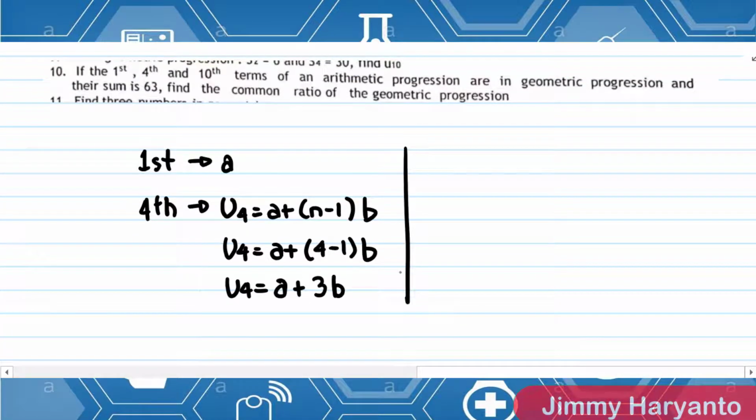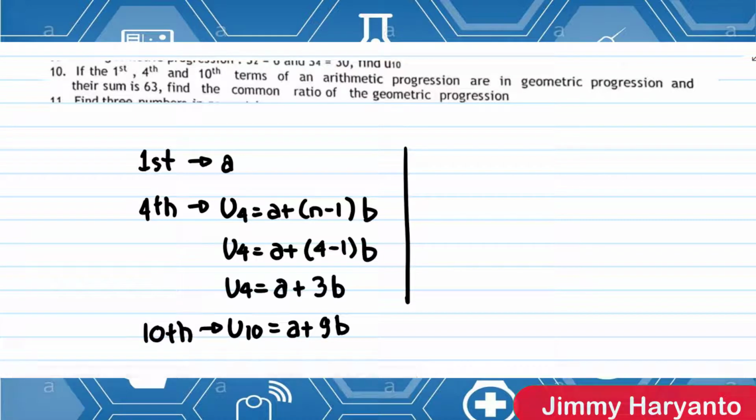After that, we can find the 10th term also with the same formula. Therefore, you will get A plus 9B. After we have the first, fourth, and 10th, I will find this sentence first. Their sum is 63, so I have to add them. Sum means add: A plus A plus 3B, and then plus A plus 9B.